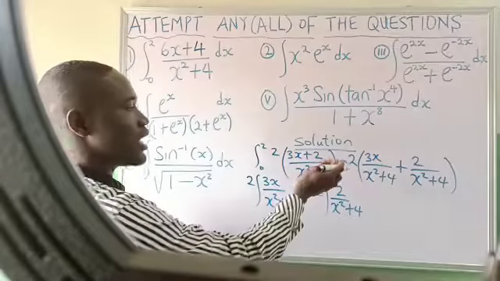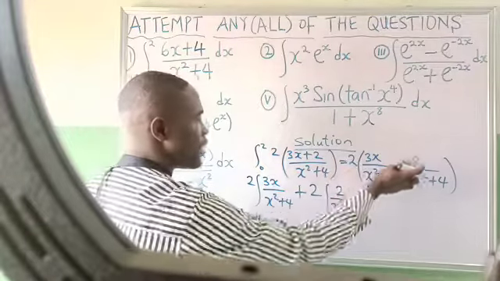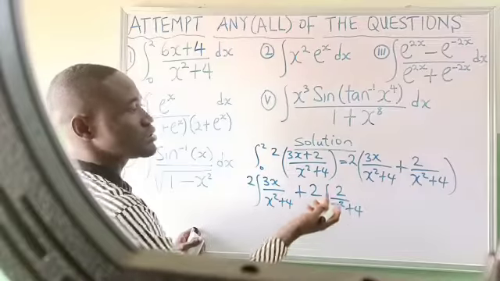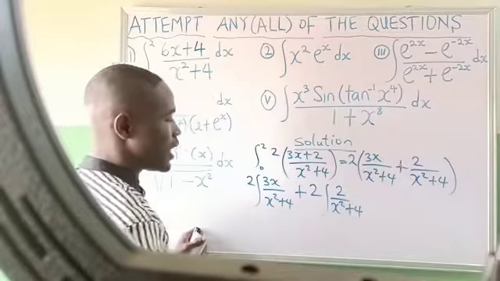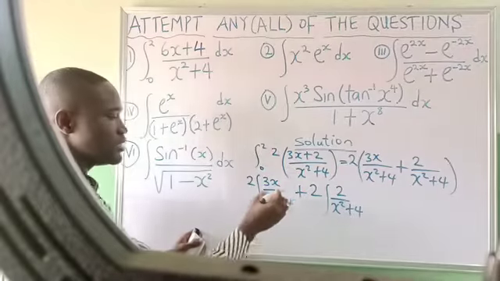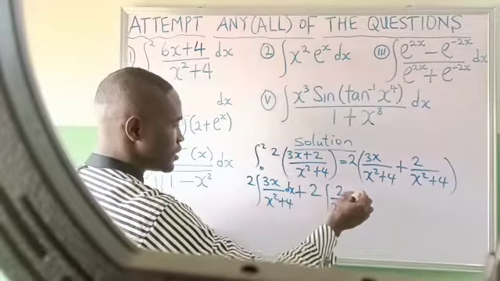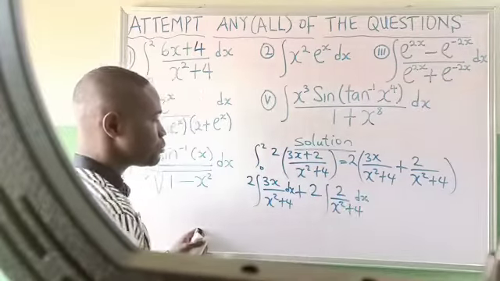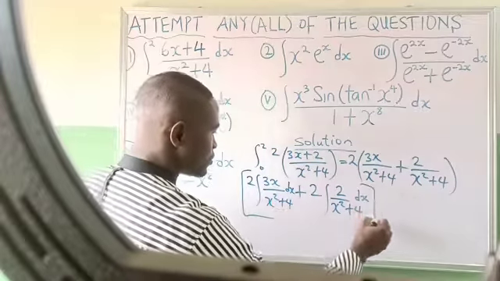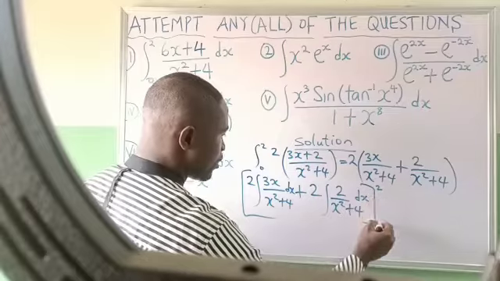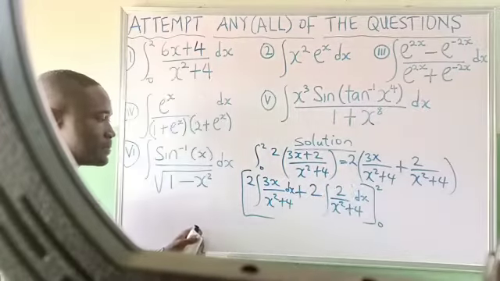That is, carry this 2 to both of them. But bring in this integral sign to each and every one of them, dx. Whatever we get here, we put our upper and lower limits here.